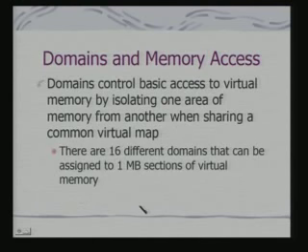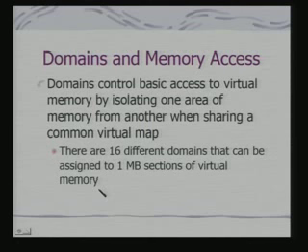Now, domains are used for defining the access permission. Domains control basic access to virtual memory by isolating one area of memory from another when they are sharing a common virtual map. In fact, there are 16 different domains that can be assigned to 1 MB sections of virtual memory.